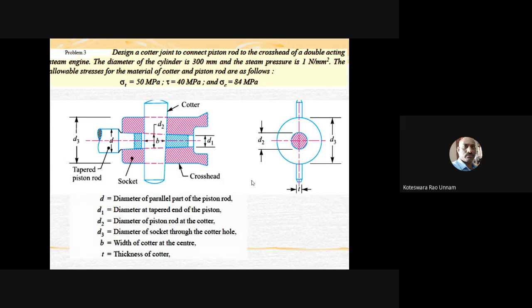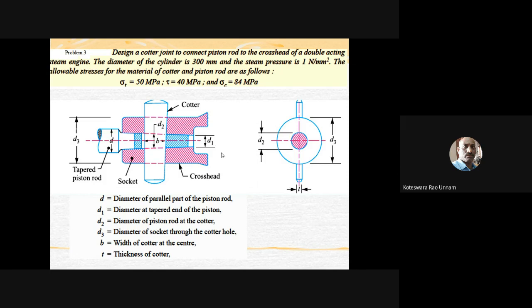Then use the data book, use the formulas accordingly and find the various parameters for the cotter joint. But here I selected a different joint. You can see that the earlier discussion had a different figure.